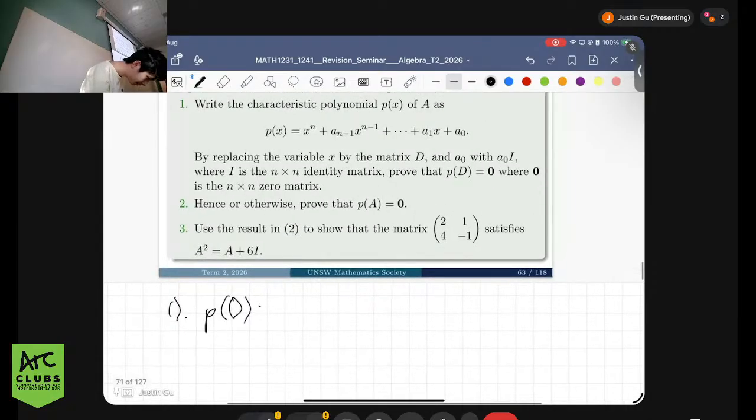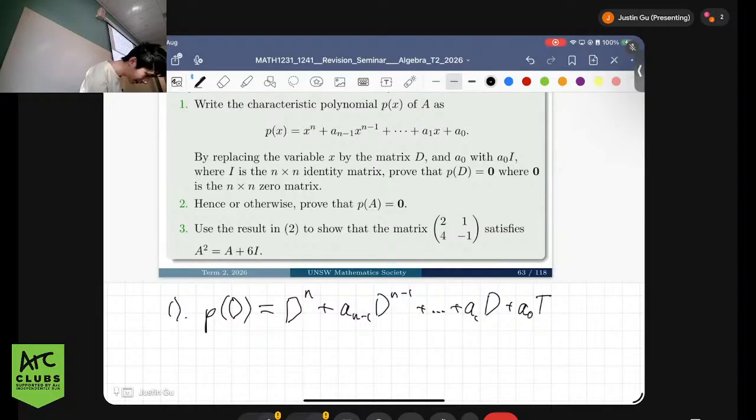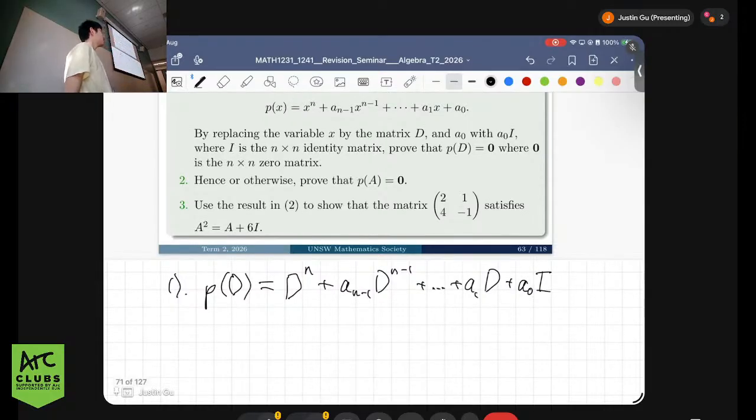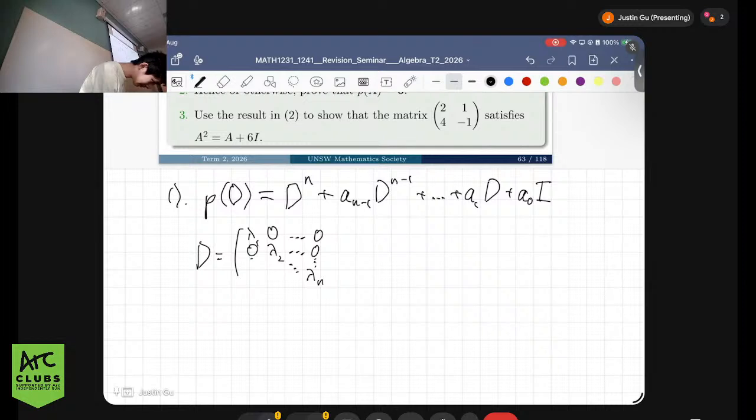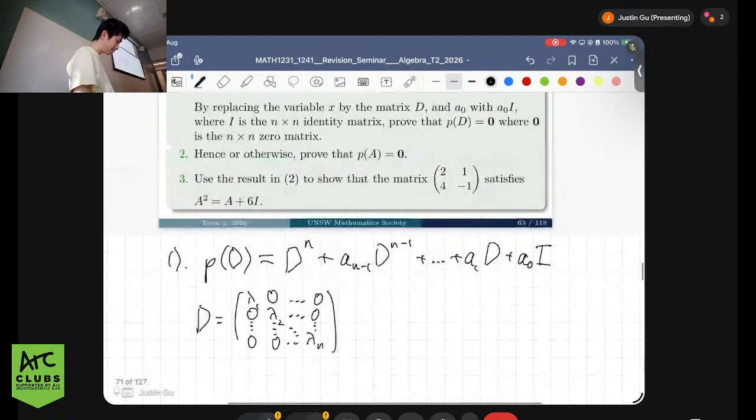We just plug in x equals D, so P of D is D to the n plus a n minus 1 D to the n minus 1, plus dot dot dot, plus a1 times D, plus a0 I. We know that since D is diagonal, for example, let's say D has lambda 1, lambda 2, dot dot dot, lambda n on the diagonal, where everything else is 0. D is an n by n matrix.